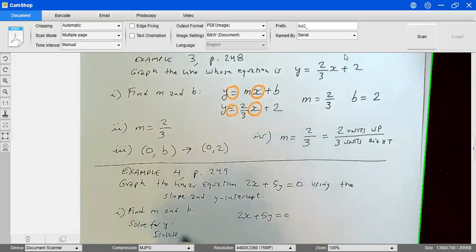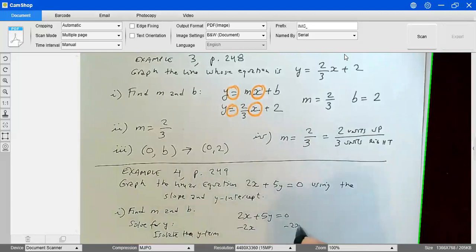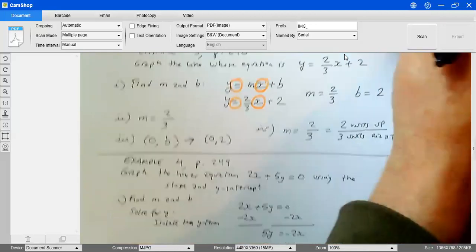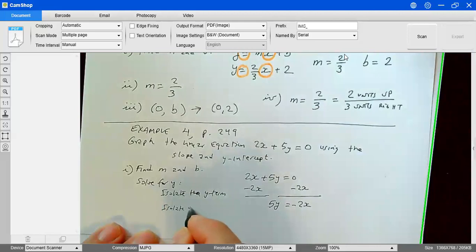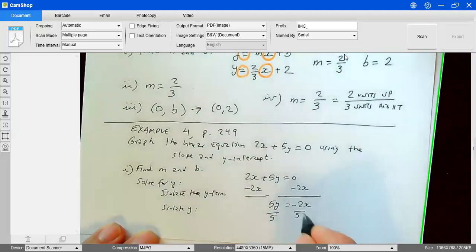How? We're going to subtract 2x from both sides of the equation. So I'm going to get 5y equals negative 2x. Then we isolate the variable y. How? We need to divide both sides by 5. So we end up with y equals negative 2 over 5 x.